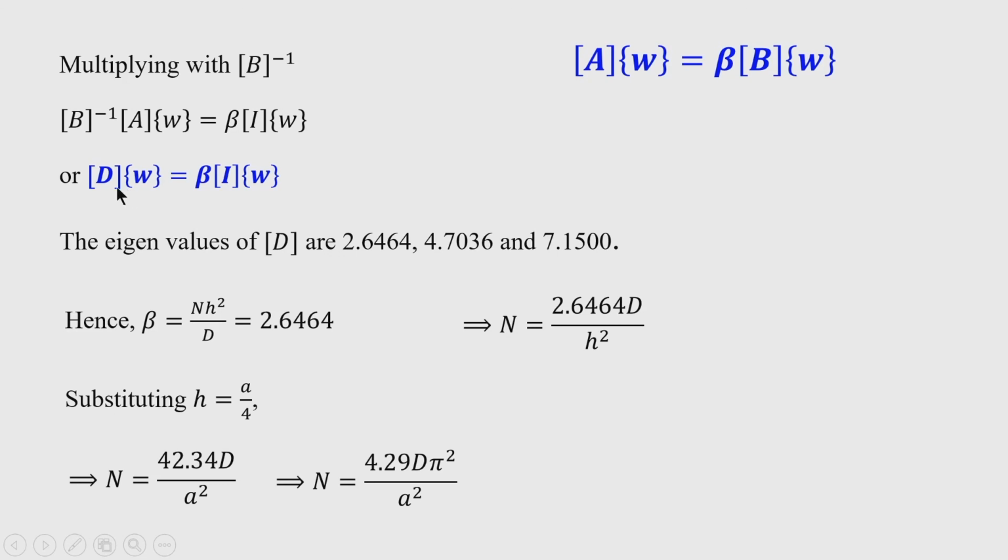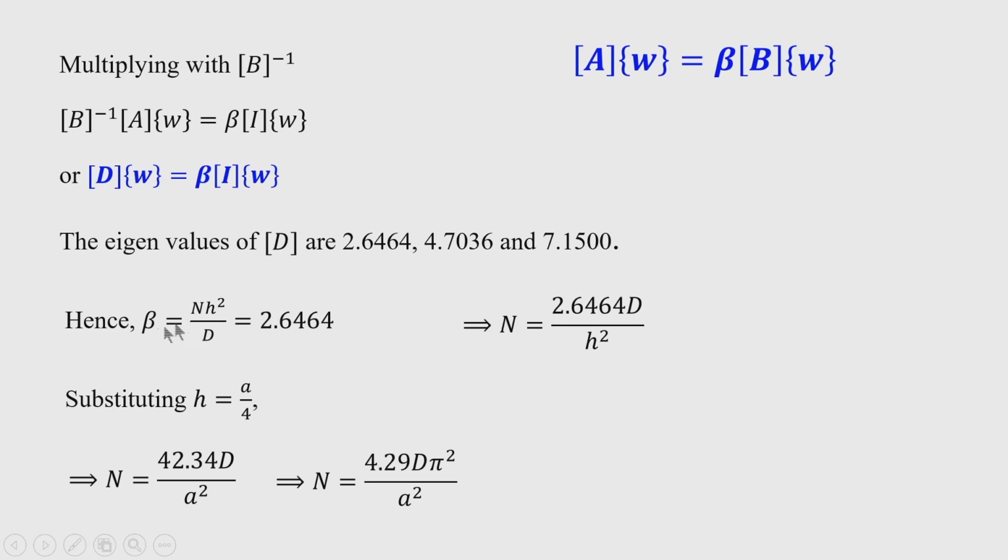So, here the eigenvalues of D are obtained, because B inverse B is the unit matrix or identity matrix, and B inverse A is the matrix D. So, eigenvalues of D are calculated and found as 2.6464 and 4.7036 and 7.1500, and the lowest eigenvalue will give the critical value of the buckling load.